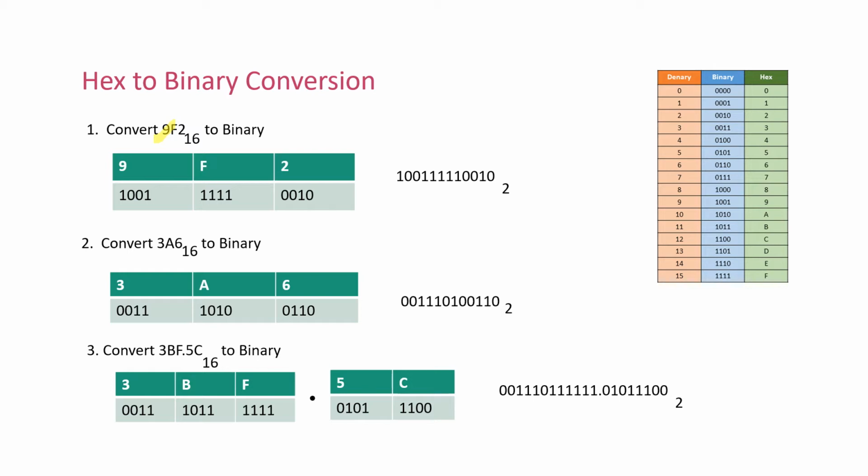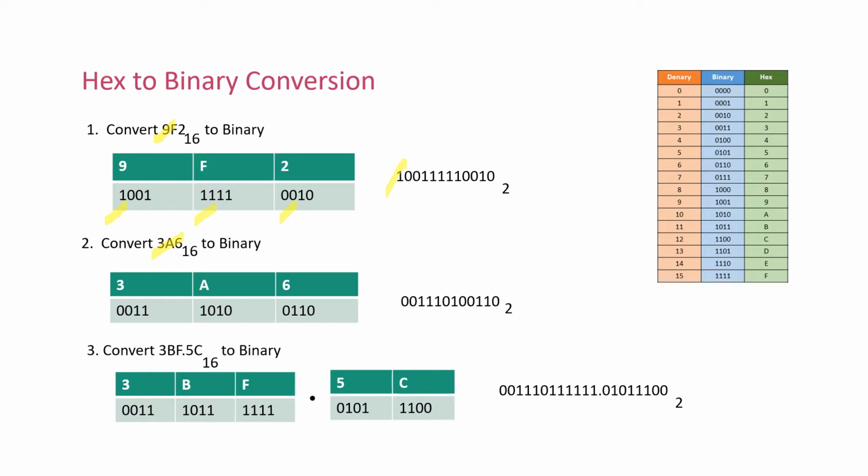So the binary equivalent for 9 is 1001, for F it is 1111, and for 2 it is 0010, and we are going to combine all these binary equivalents to come up with the binary equivalent of the hexadecimal number 9F2, and the end result is 1001 1111 0010.